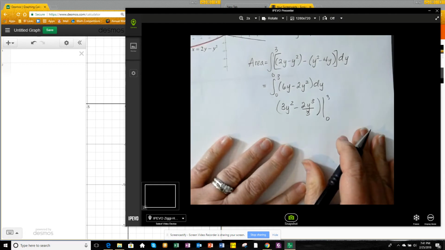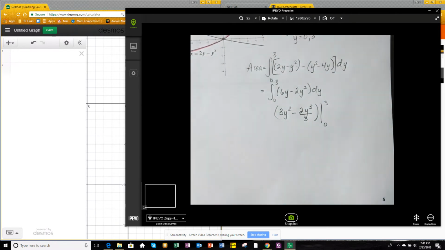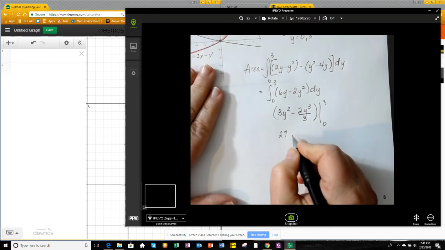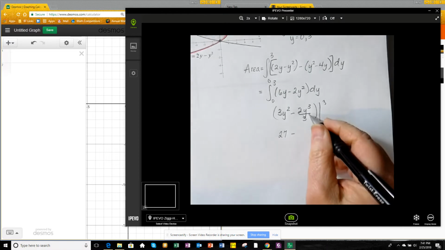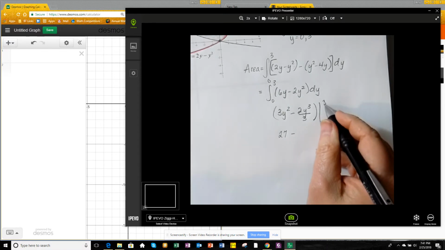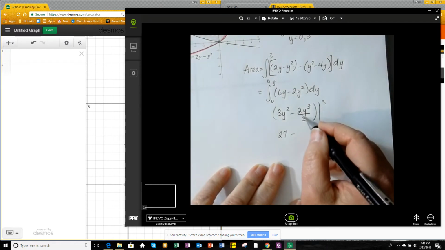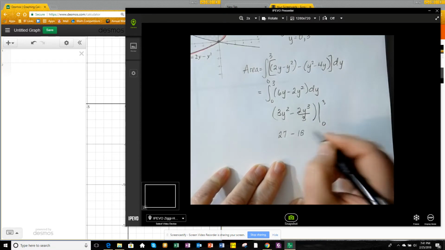So let's plug the numbers in using the second fundamental theorem of calculus. And when I plug 3 in, I get 27 minus, let's see, y cubed. That's going to be 27 times 2, which is 54. 54 over, actually, one of the 3's will cancel. So that'll be 18.